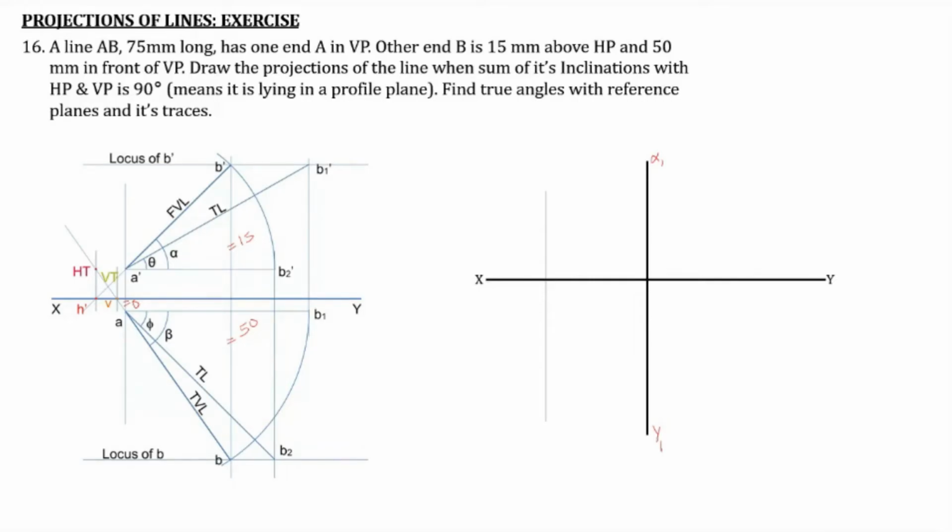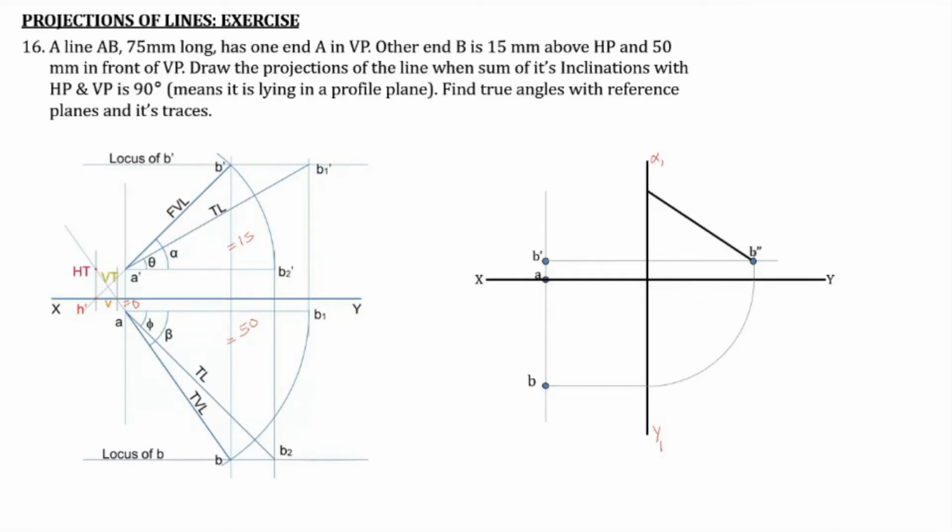A 3 centimeter distance is enough, 3 to 5 centimeter distance is enough in between the projector and the X1, Y1 line. And then the point A is marked, and point B dash is marked, point B is marked. Now we obtain the side view of point B, that is B double dash.